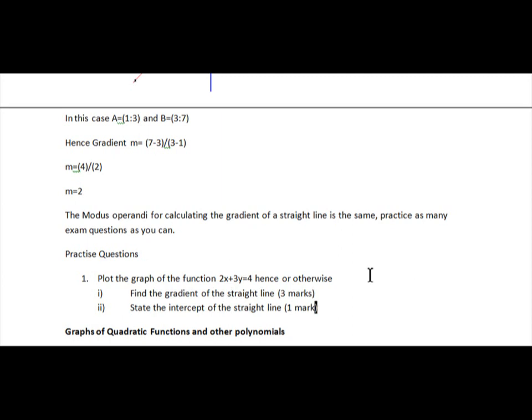1 mark. So the hint that I can give you guys is, this is not the form y is equal to mx plus c. The first thing that you do in this particular question is make y the subject of the formula. Okay, then when you make y the subject of the formula, you can then determine the gradient and the intercept on the y-axis, which is c.